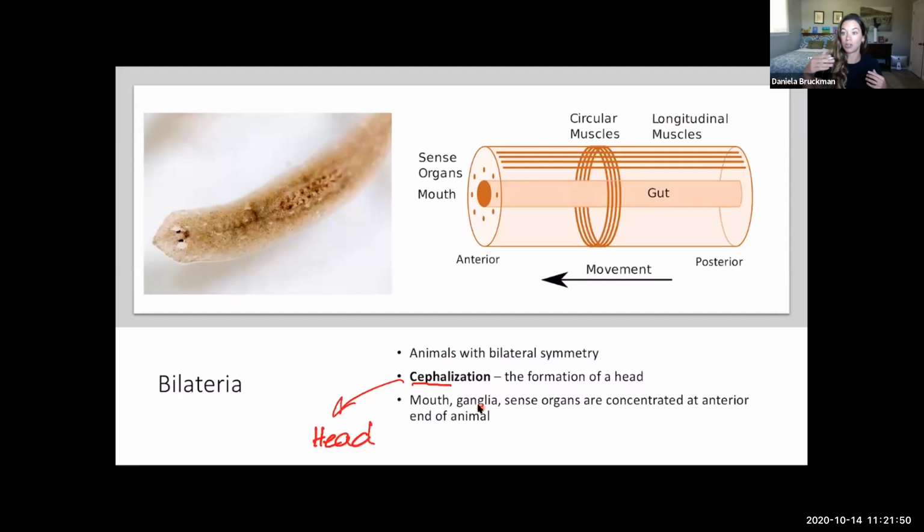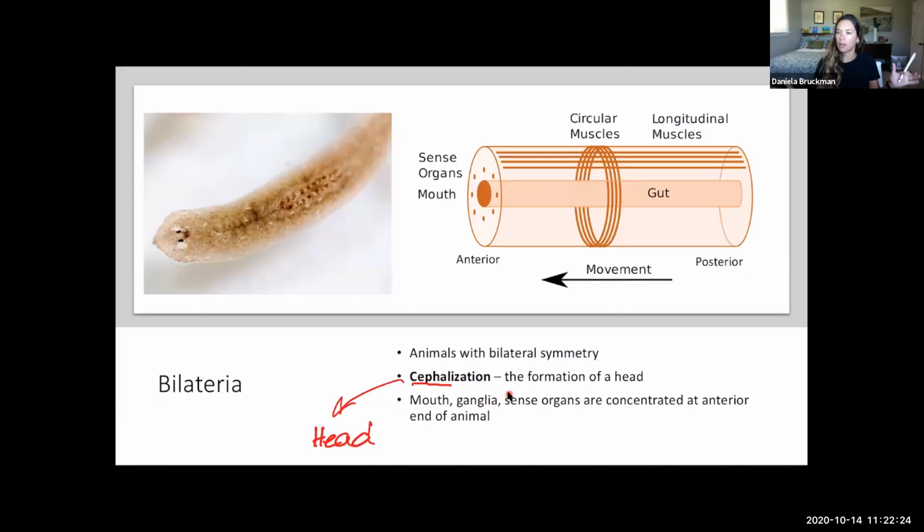So if you think about a fish, for example, that fish has all of those sense organs on the anterior end of its body, and it's encountering its environment as it moves and collecting that information, passing it along to the brain and reacting to the stimuli in the environment. So for animals that move intentionally, having a head is very advantageous. And it was clearly a successful trait to have because all animals basically, beyond the evolution of the first bilaterally symmetrical animals, have a head, with few exceptions, of course.